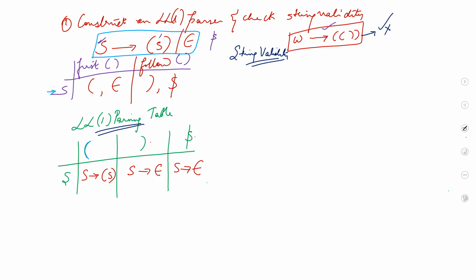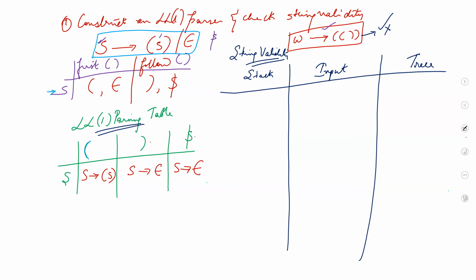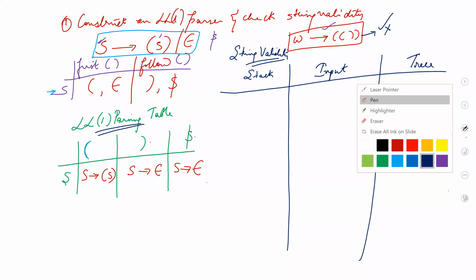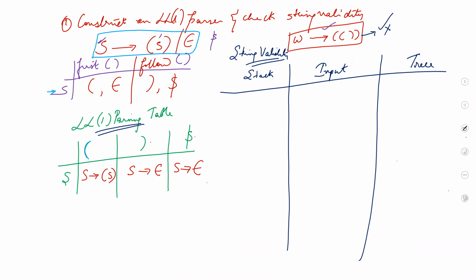Now, the best way to check string validity is to have three columns: stack, input, and together with that, we will construct the tree. So now we are going to check the string validity. Now let's see how to do it. It is very interesting how to do it.